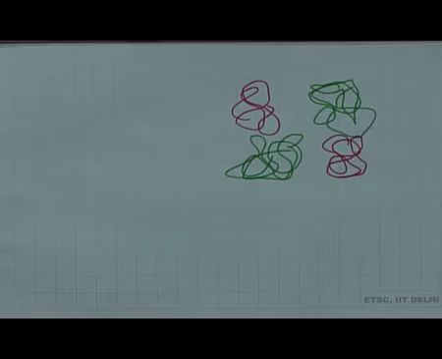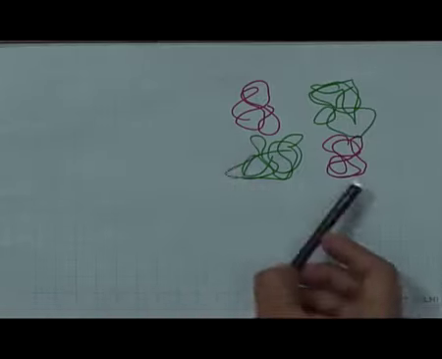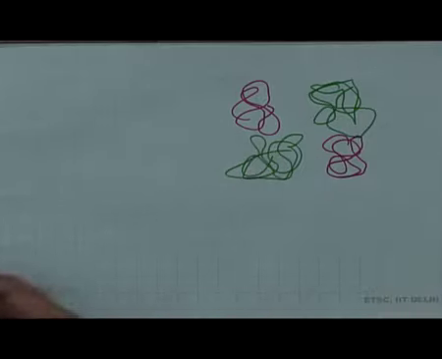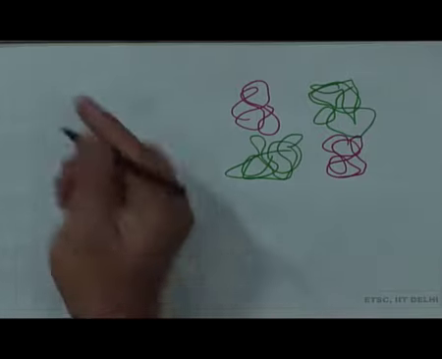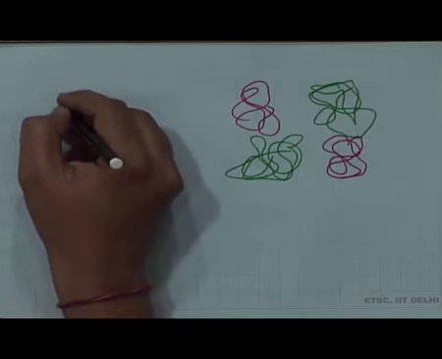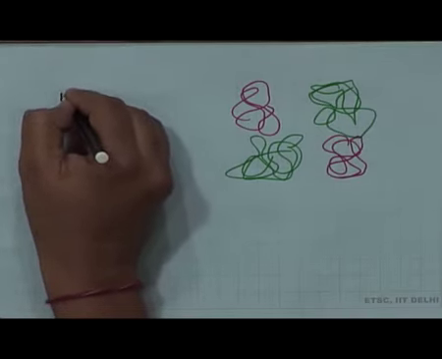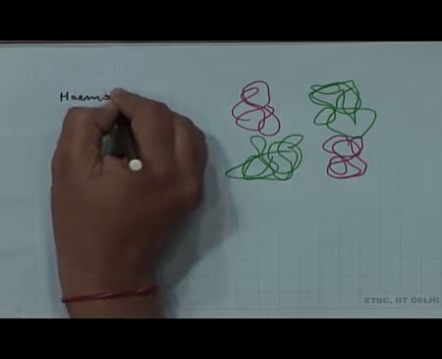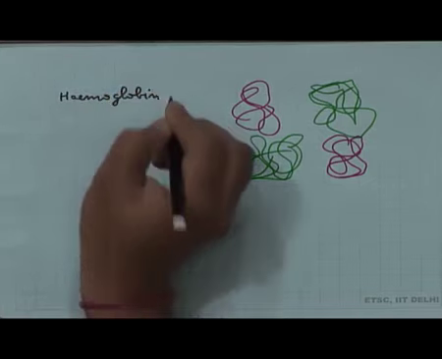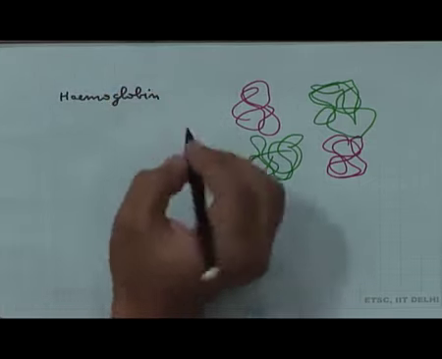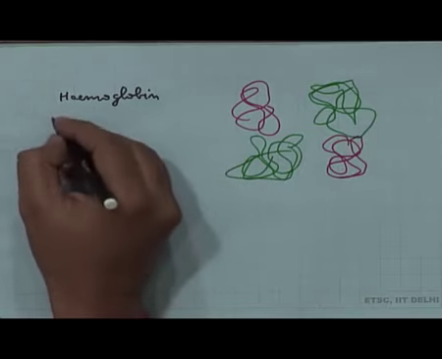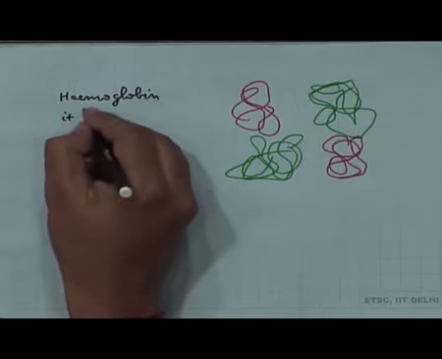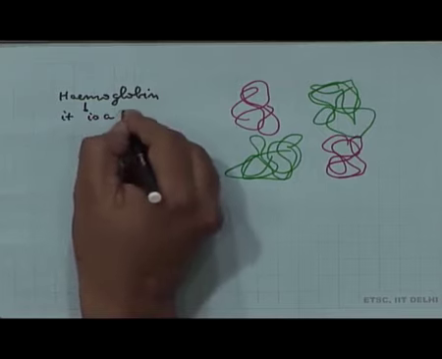The subunits can be the same or different. Here I have made two same and two same, and to exemplify it I will give the example of hemoglobin. Hemoglobin is a tetramer. For quaternary structure, I am exemplifying hemoglobin, and it is a tetramer.